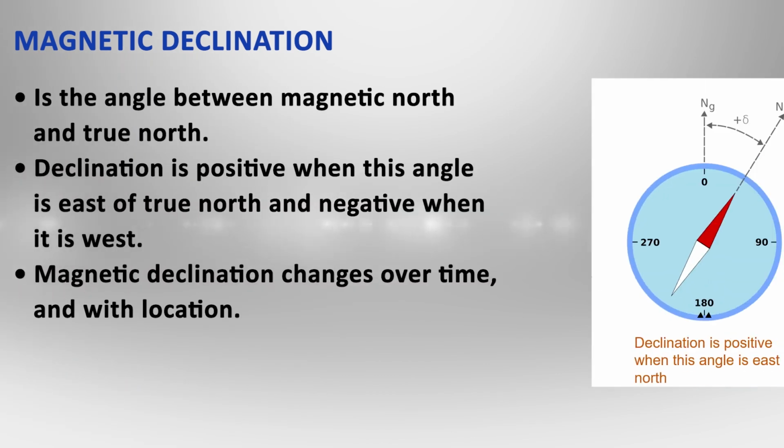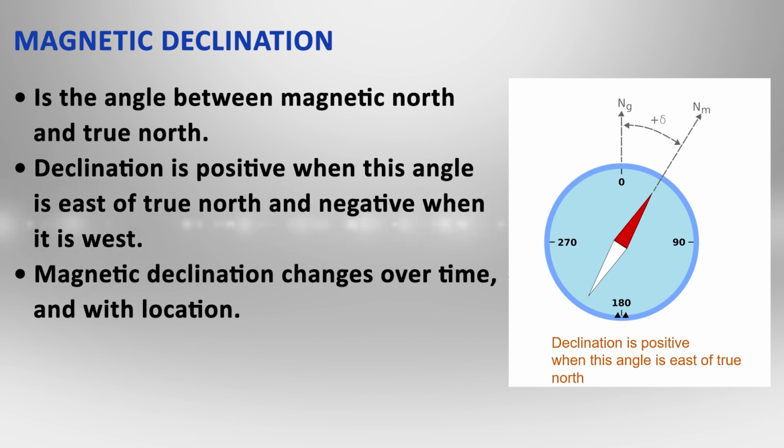Moving ahead, the prerequisite for the next question is the concept of magnetic declination, which you have studied in compass surveying. The magnetic declination is the angle between magnetic north and true north. Declination is positive when this angle is east of the true north and negative when it is to the west.